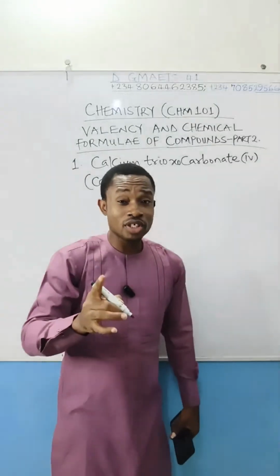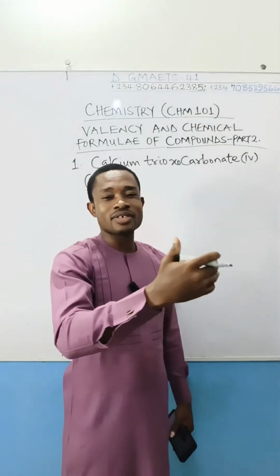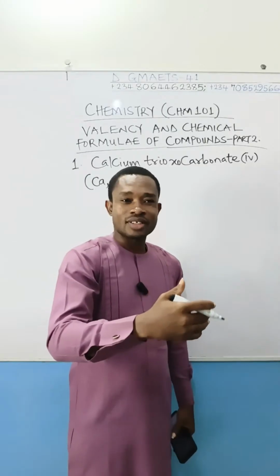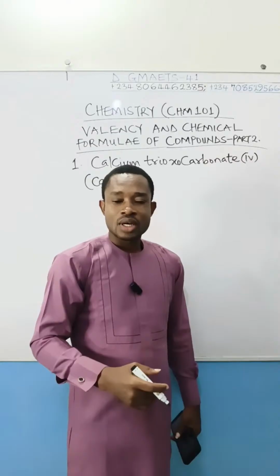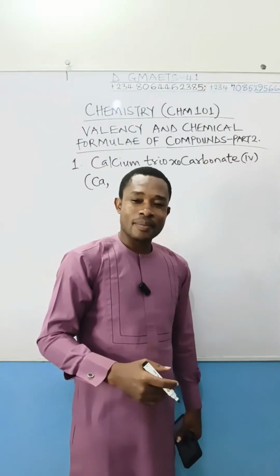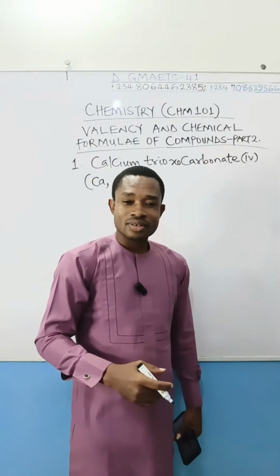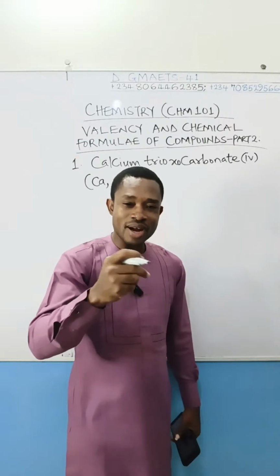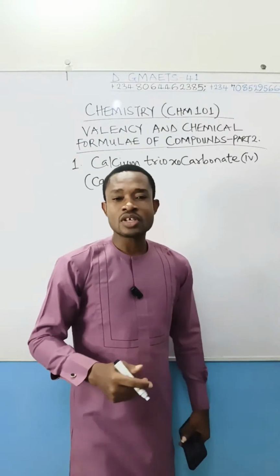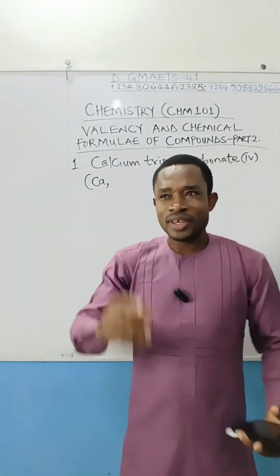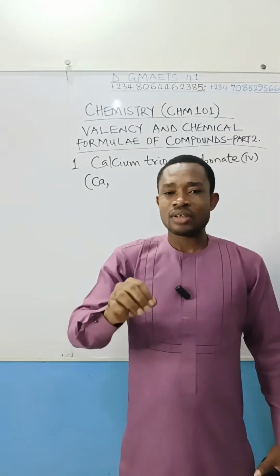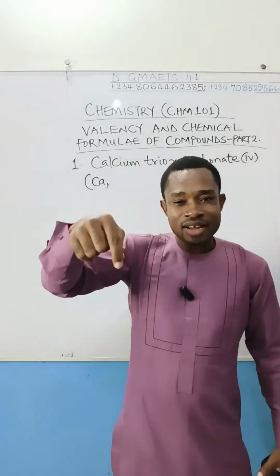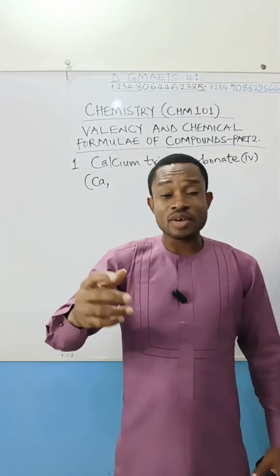Now, this is what I usually do. The other part will have something like trioxo, tetraoxo, and the rest of them, heptoxo. I always encourage students to give attention to the radical that is present there. So instead of a student being worried much about the 3 elements, it's important to know the first element that is there, which is usually a positive ion.